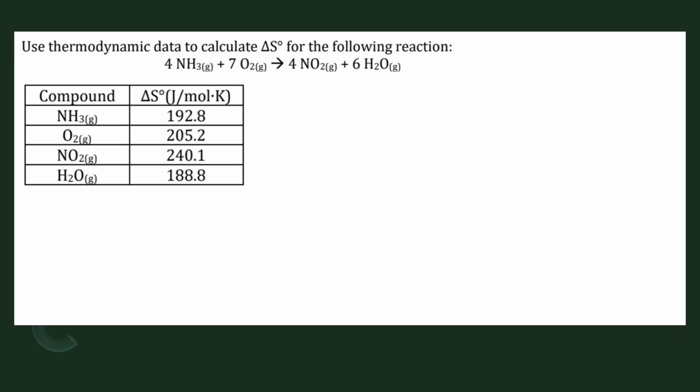So using the thermodynamic data, calculate the delta S for the following reaction: 4NH3 plus 7O2 producing 4NO2 plus 6H2O. So the delta S of the reaction is the sum of the delta S of the products minus the sum of the delta S of the reactants.